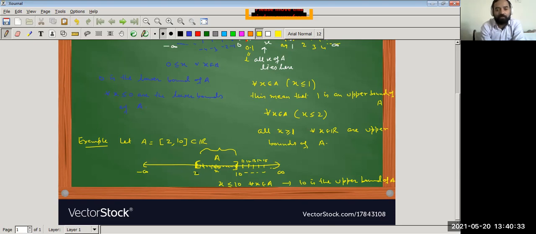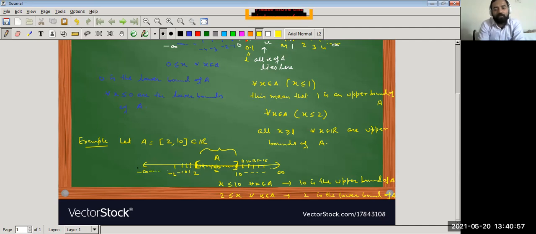Now lower bounds. Here we can see that 2 is less than or equal to x for all x belongs to A. This means 2 is the lower bound of A. What can we say about 1, 0, -1, -2 and so on?